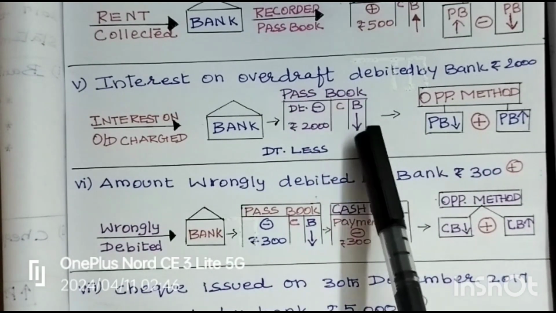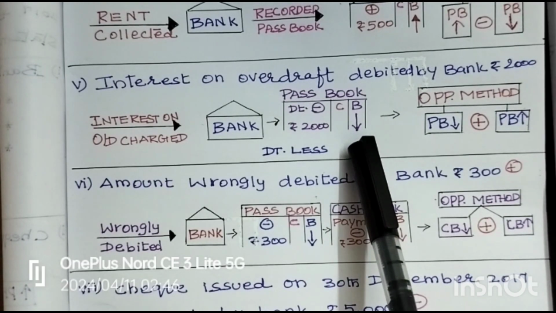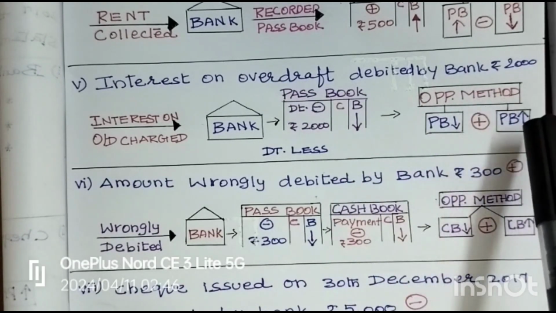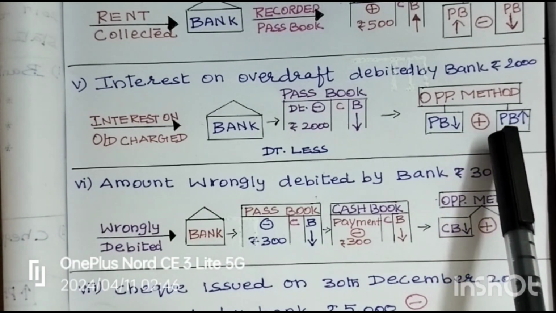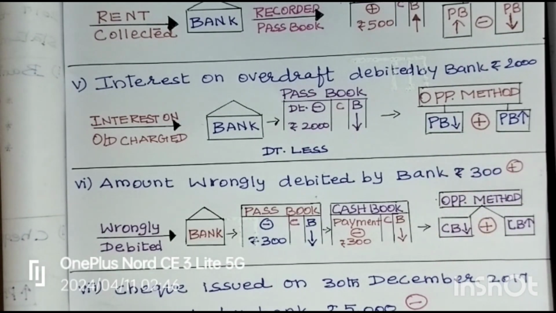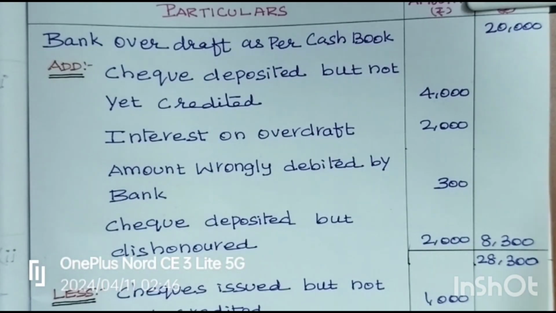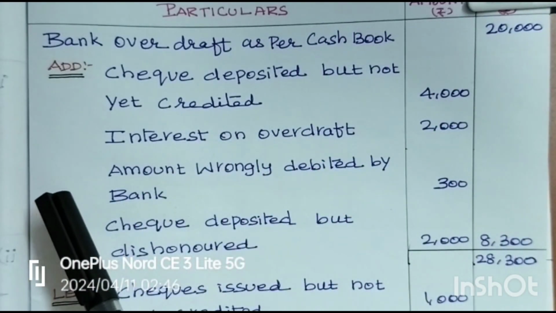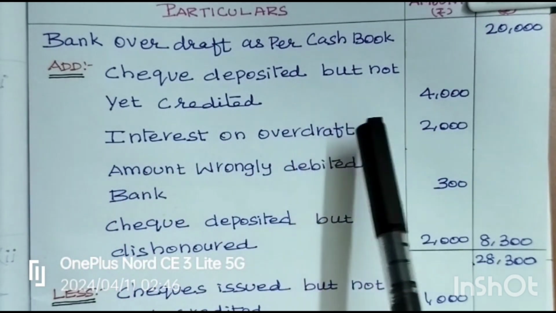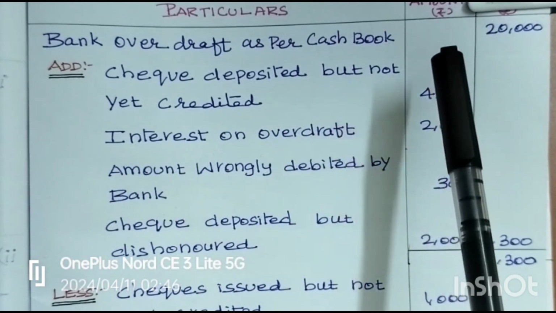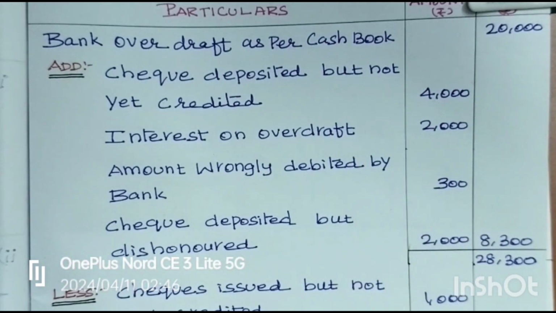So whenever bank passbook decreased or reduced, in opposite method it will be increased. So this transaction will be added. In add column you have to write interest on overdraft 2000 rupees is to be entered on the inner amount column.